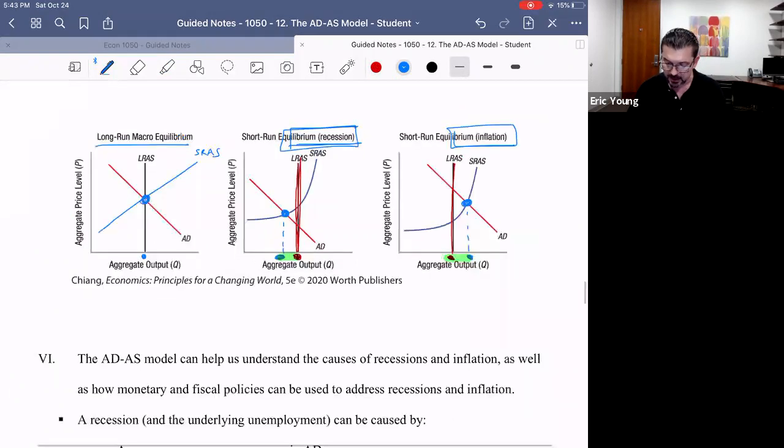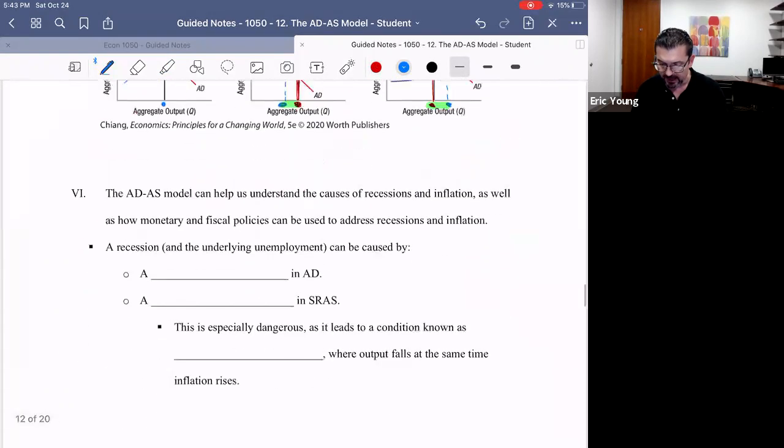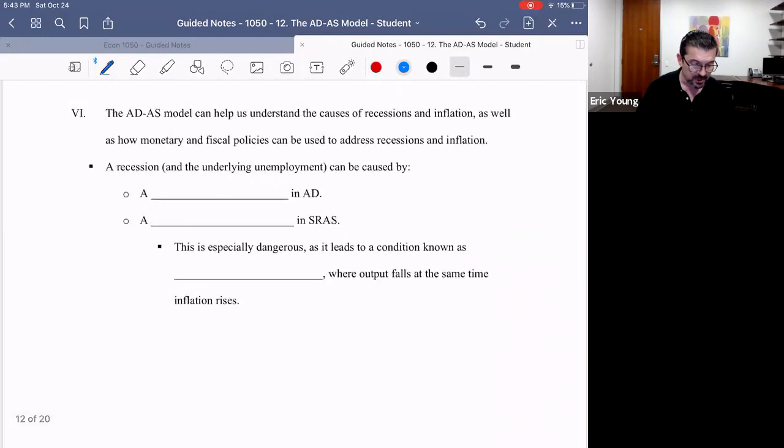So there you go, my friends. You see the idea of equilibrium. You have two types. And fundamentally, the strength of the ADAS model is in comparing the location of the short run equilibrium to the long run. That allows us to determine if we have a recessionary gap or an inflationary gap, or if we're operating just right.